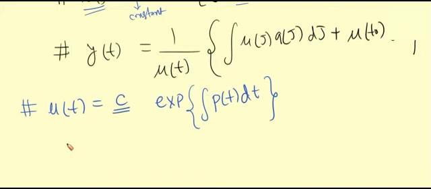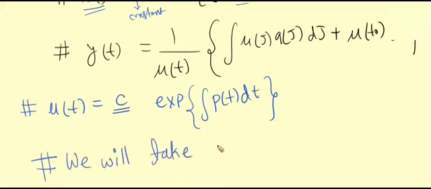Let's call that mu1. If you choose c equals to 2, you get some mu2, and all of them are valid, but we are going to stick with the case where c equals to 1, because we only need one mu function, that is one of these mu's, to get our work done. So let me emphasize that we will take c equals to 1.